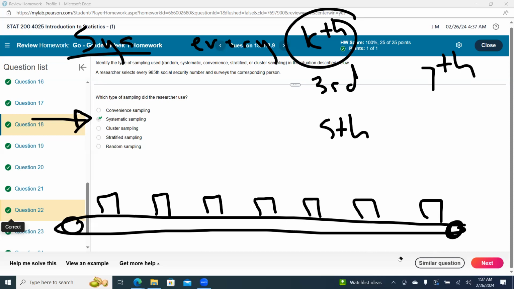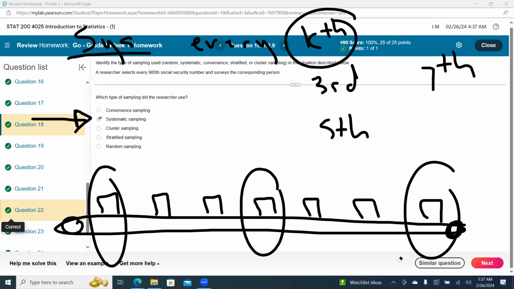If you have a conveyor belt going by and you pick every 10th item, something like that is systematic sampling. So if you pick every kth or nth item off of a list, it doesn't matter what letter you use. In real life we don't have a conveyor belt.